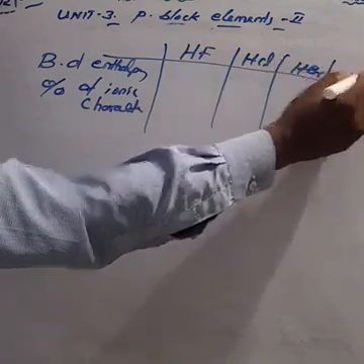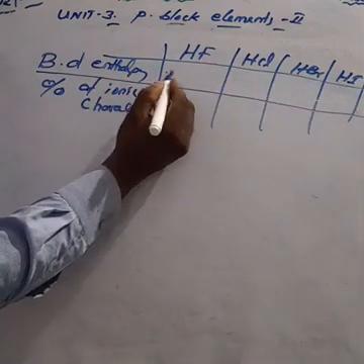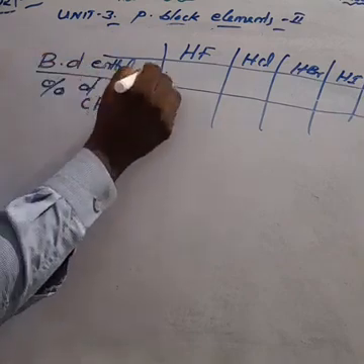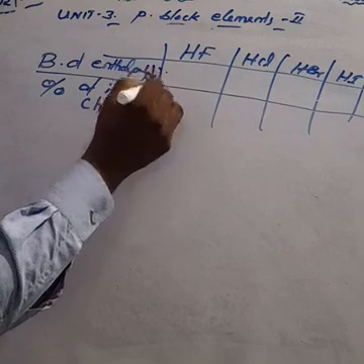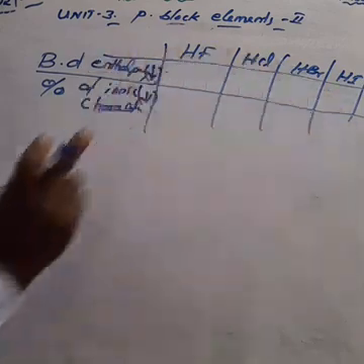The bond dissociation enthalpy decreases, and the ionic character also decreases from fluorine to iodine, that is fluorine, chlorine, bromine, iodine.